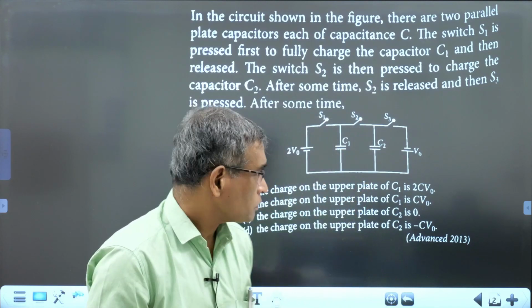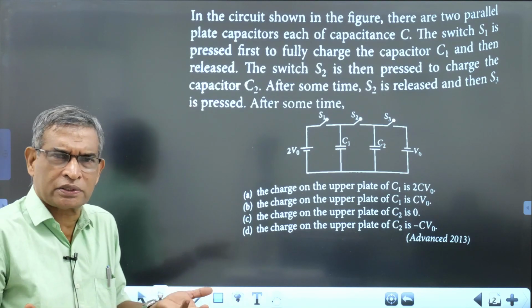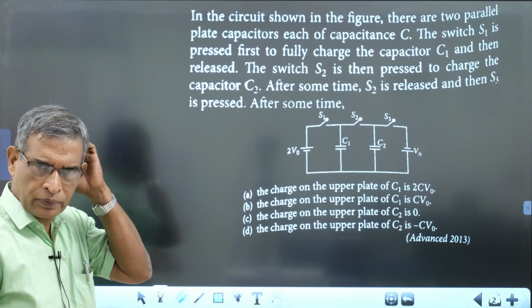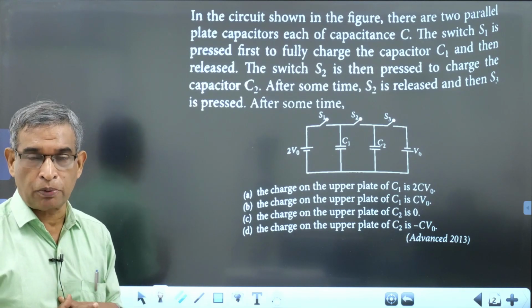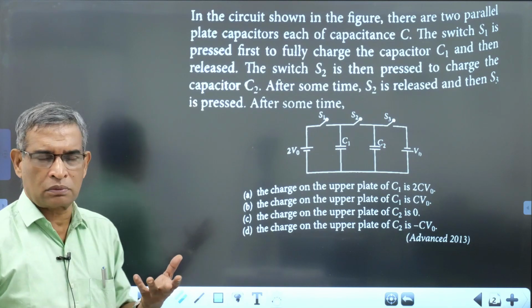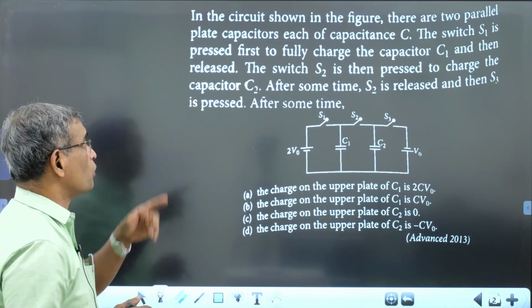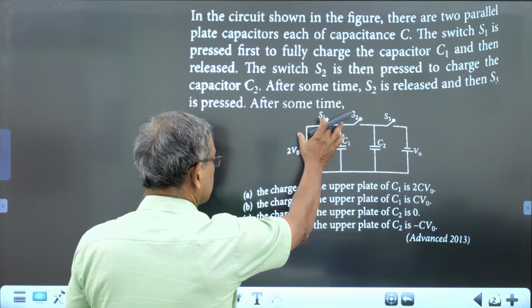Now, the basic concept is simply the charging of a capacitor, how they share their charge, and who will decide the polarity. These are the concepts you have to discuss here. In the problem, first of all we consider only these two parts.